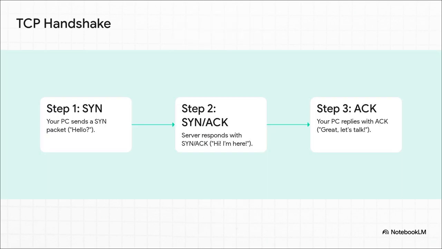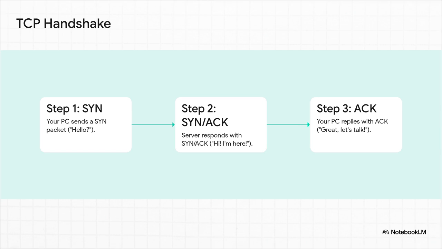It's all about something called the TCP three-way handshake. And seriously, think of it just like a phone call. Your computer sends out a little message, a SYN packet, that basically says, "Hello, you there?" If the port is open, the server on the other end replies with a SYN/ACK, which means, "Yep, I'm here, ready to chat." And then your PC sends one final ACK message saying, "Awesome."